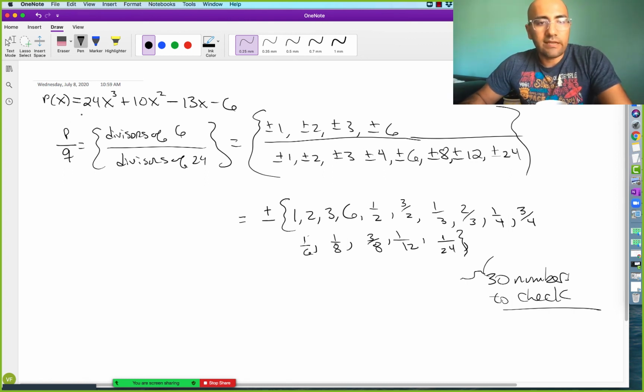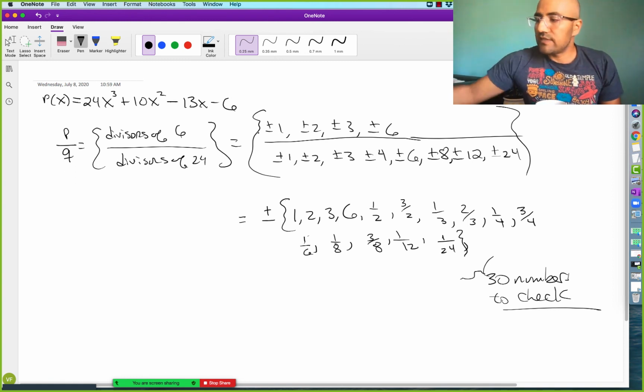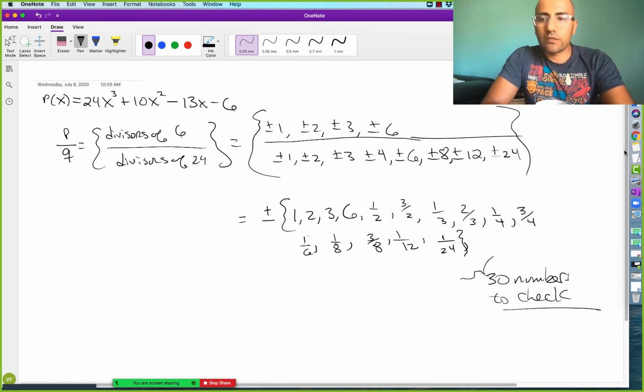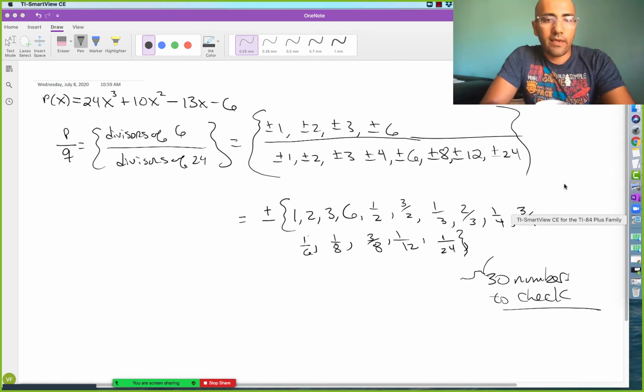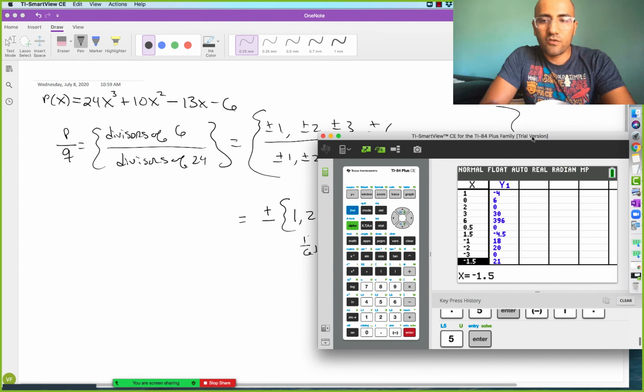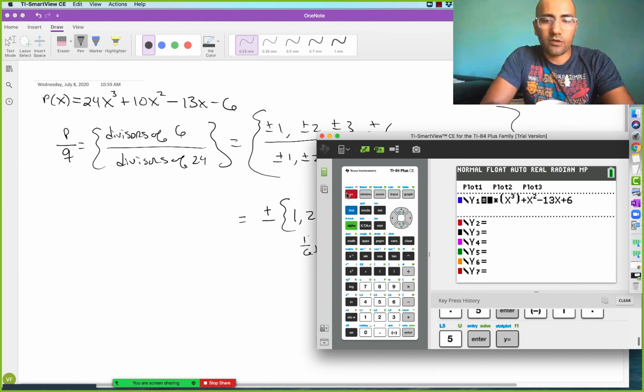So you'd have synthetic division for the case of x equals 1, see if the remainder is 0. Synthetic division for the case x equals 2, see if the remainder is 0. Right, so you do a lot of guessing and checking with these values, and you're going to get a lot of wrong things. So as a way of saving time, we can turn to our technology and use it to test these values so we can identify which ones are going to work.